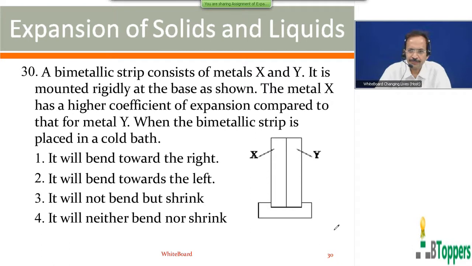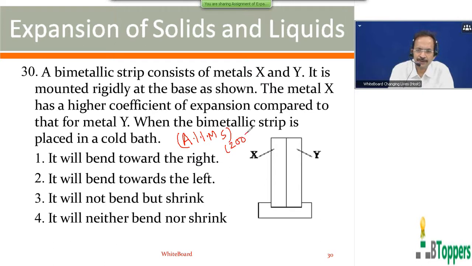Question number 30. A bimetallic strip. This question was given in one of the previous All India Institute of Medical Sciences exams. I think it was given in 2005 or one exam later than that.